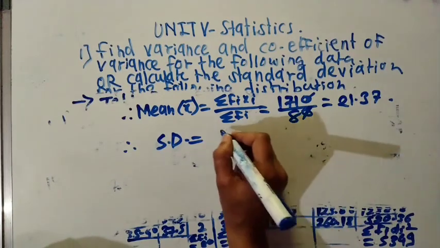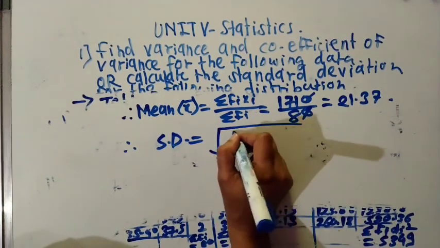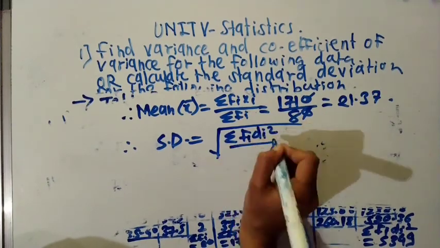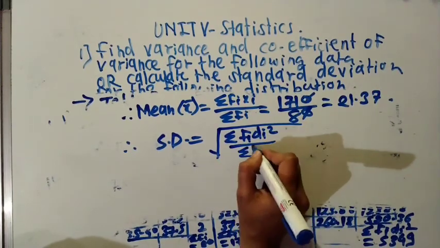The formula for standard deviation is the square root of summation of fi di square upon summation of fi.